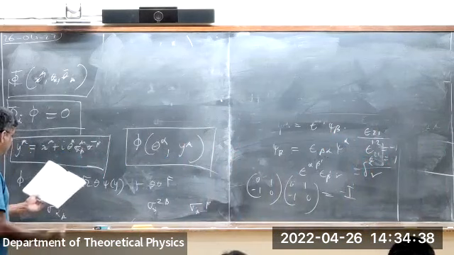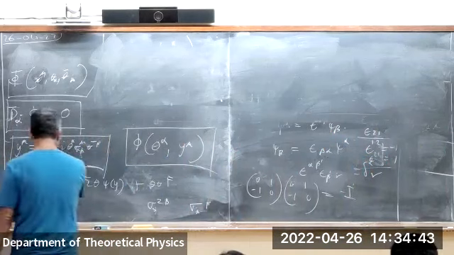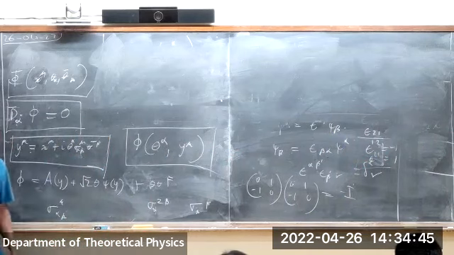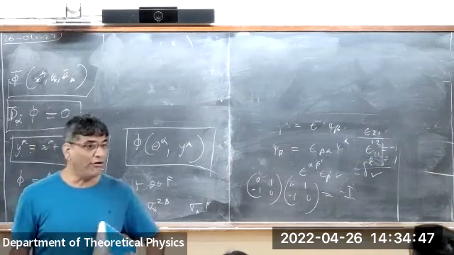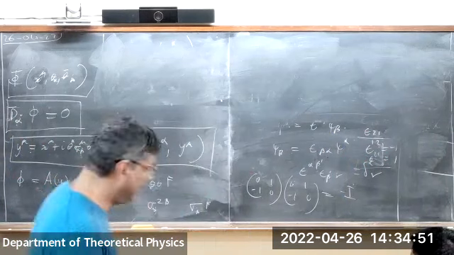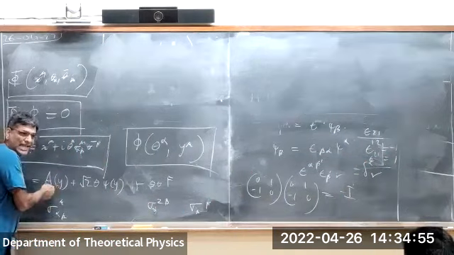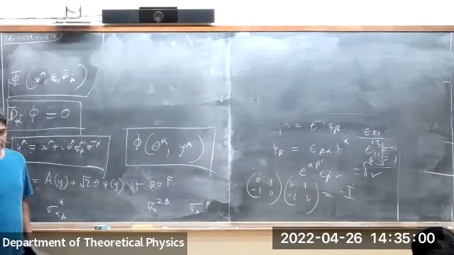Okay. Excellent. Now the next thing we can do is to take this and rewrite this as a function of theta bar and x. Namely, just Taylor expand these fields in theta bar.